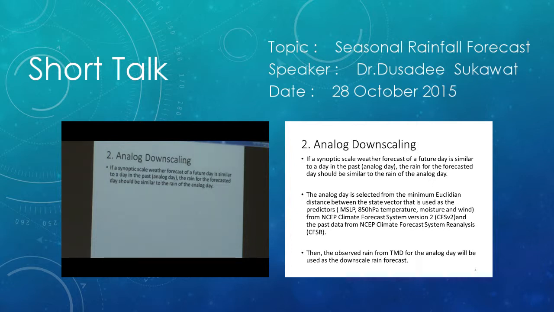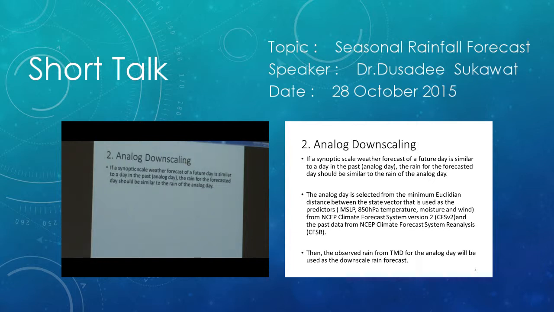The concept of analog forecast is to use the large-scale weather forecast, like temperature, humidity, and wind, and then try to find a day in the past that has a similar pattern of parameters. If we find that day, we call it an analog day.